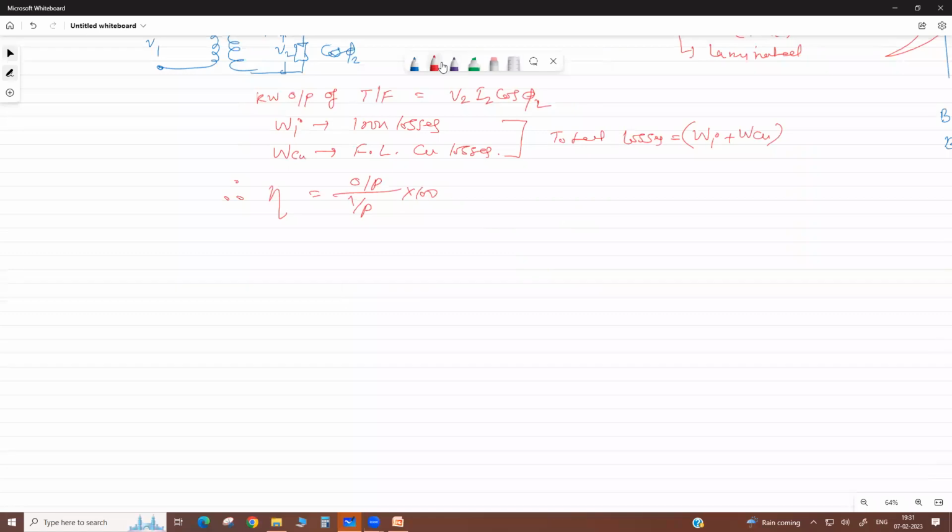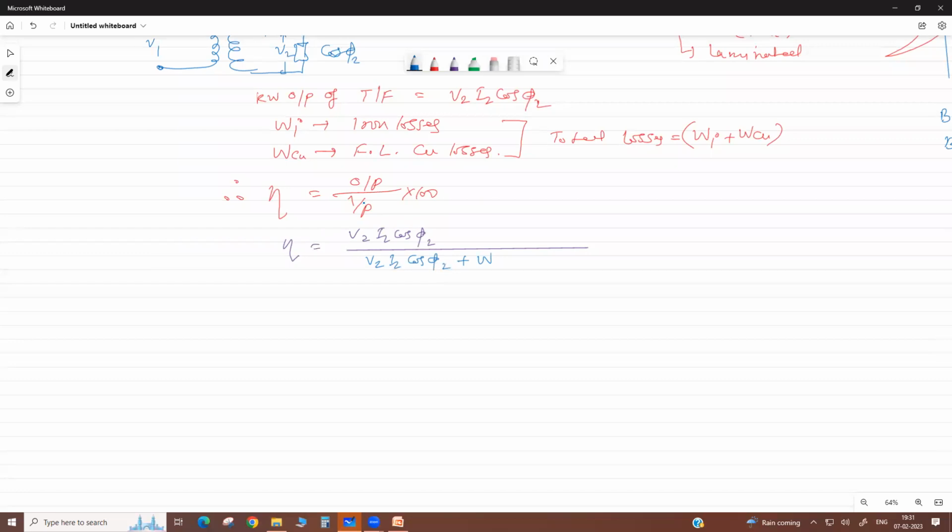Now if you know the output, this efficiency we can write. Output means V2 I2 cos phi 2, divided by input.